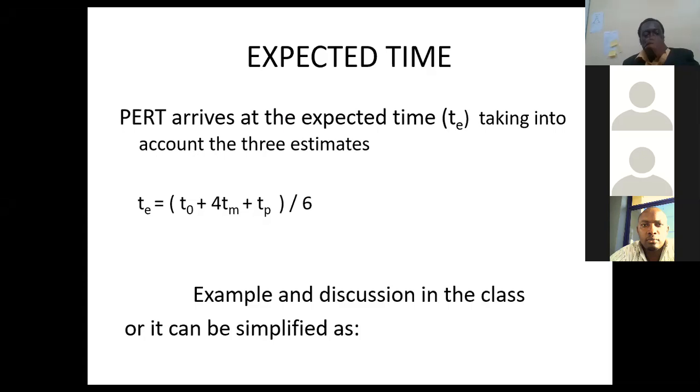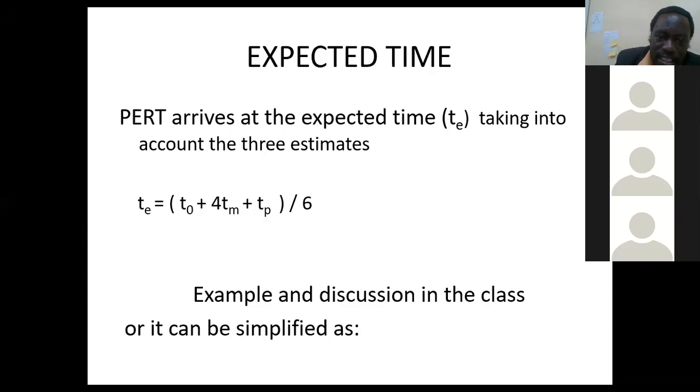That will give you the expected time. So PERT gives the answer for expected time. TE is TO plus 4TM plus TP, the whole of it divided by 6.